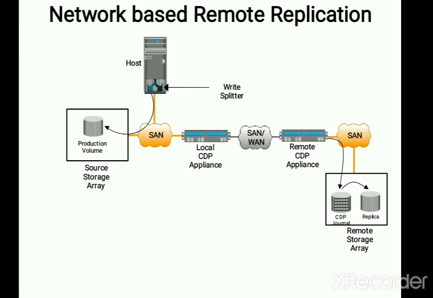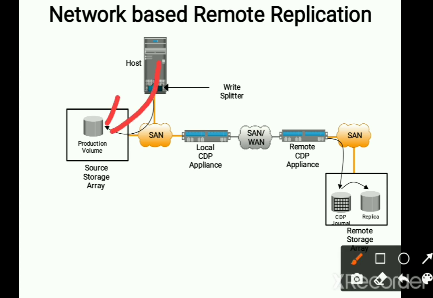The same technique is being applied here also, where the replica is synchronized with the source and the replication is going to start. Once the replication starts, the host is going to divide the data into two copies at the source.